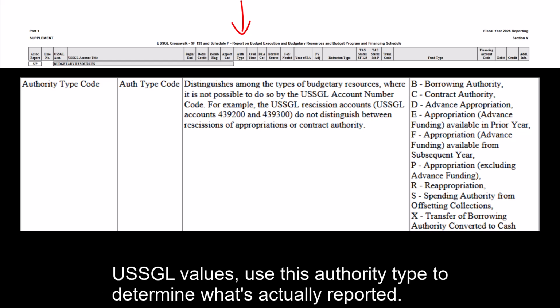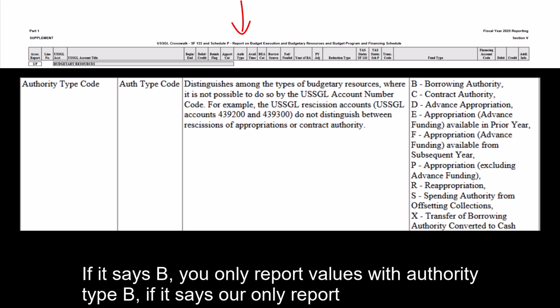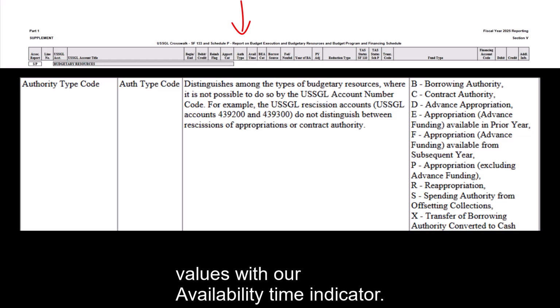When reporting USSGL values, use this authority type to determine what's actually reported. If it says B, you only report values with authority type B. If it says R, only report values with R.